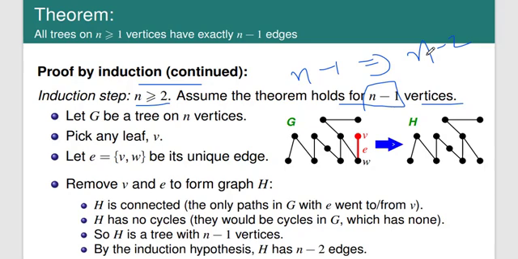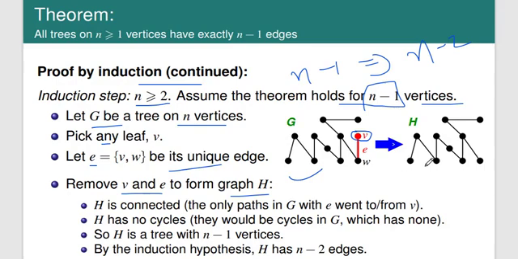Okay, so let G be a tree of n vertices. Now pick any leaf. Let's assume we have picked this leaf V. Leaf means degree of vertex V is 1, so edge E, V and W be its unique edge. Only one edge.